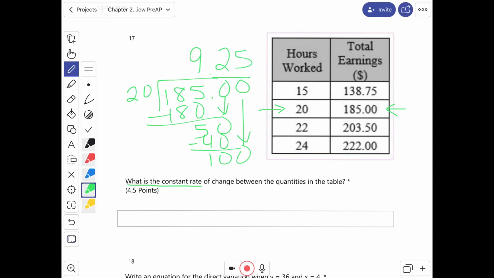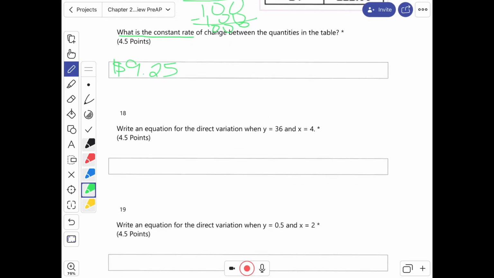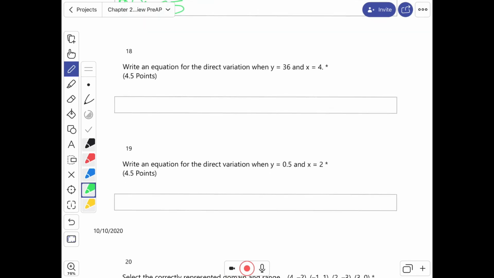Bring down another 0. 20 goes into 100 5 times. Nothing remaining. So the constant rate is $9.25. Next question.